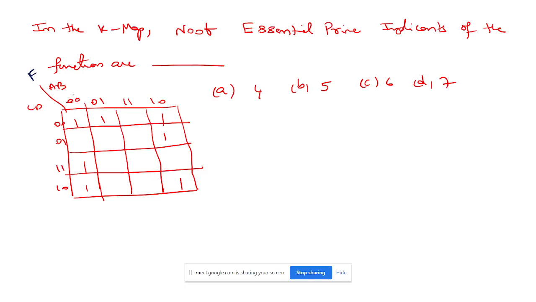So 00, 01, 11, 10, following the gray code. Look for group of 16 ones, not possible, then group of 4 ones possible, right?